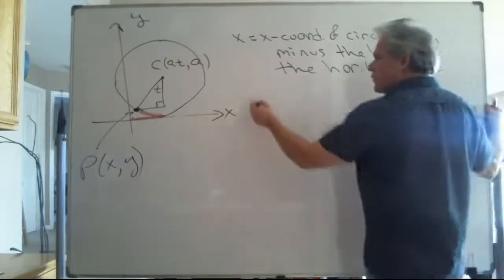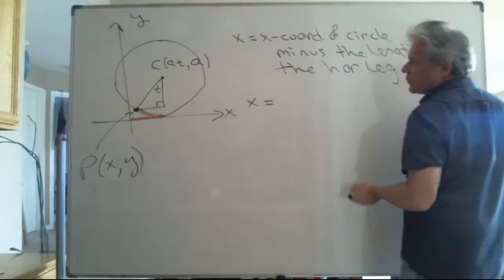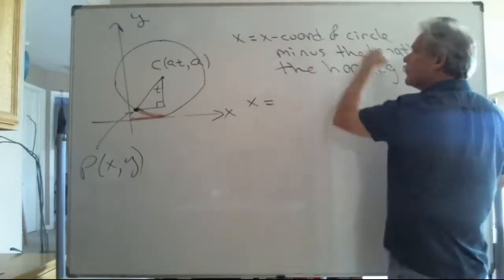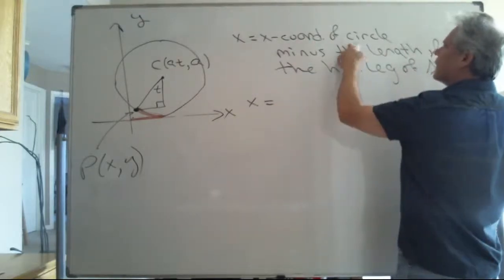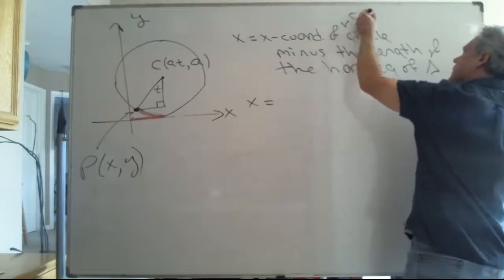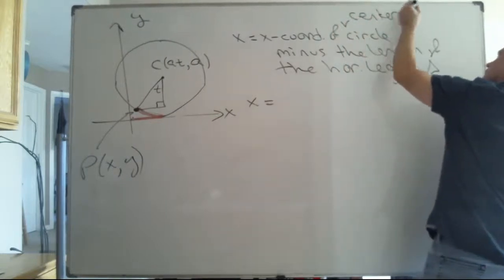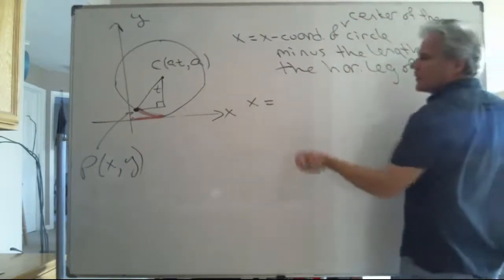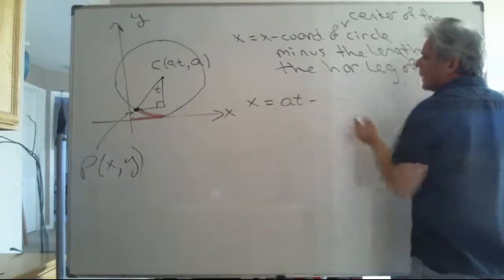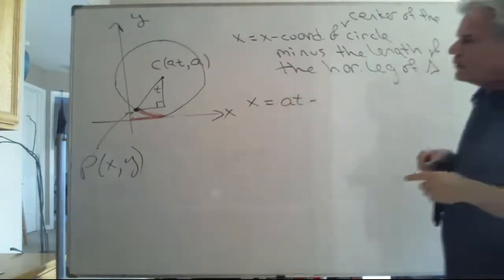In other words, it can be interpreted as the x-coordinate of the center of the circle, which is nothing more than this, minus the horizontal leg of that nifty little right triangle.